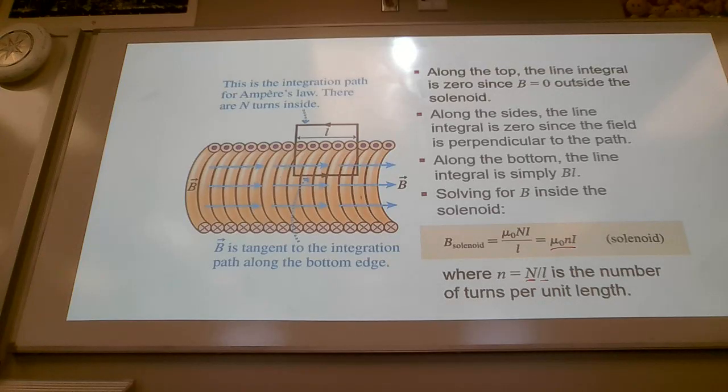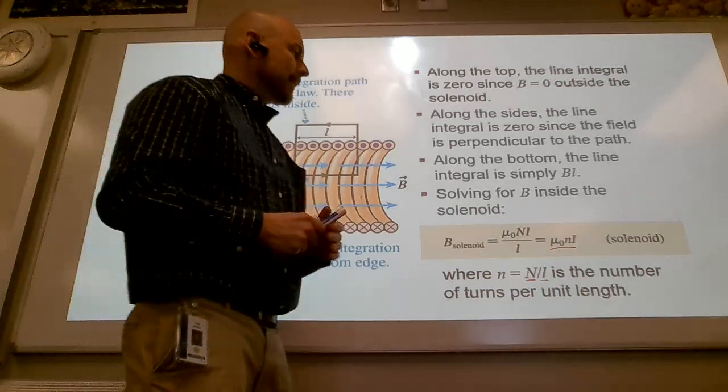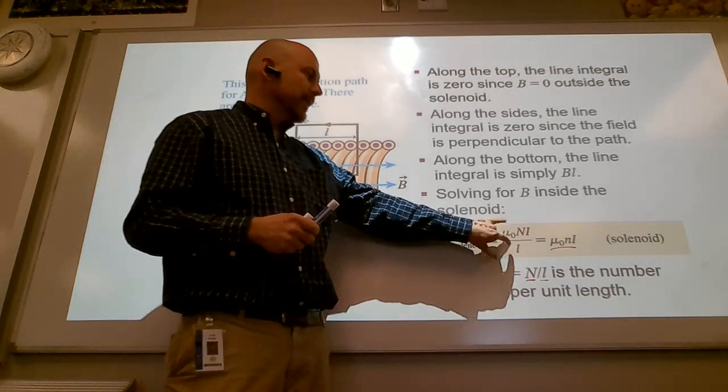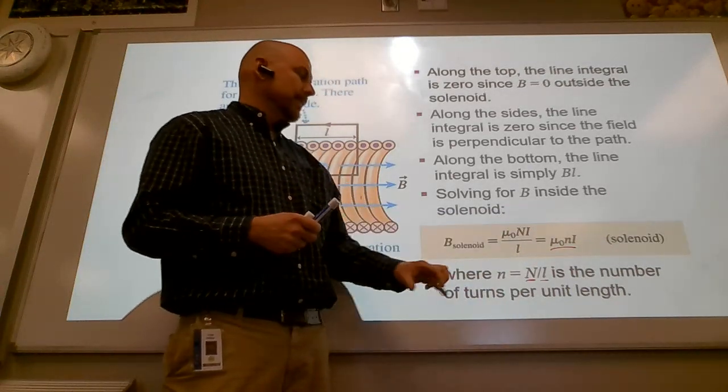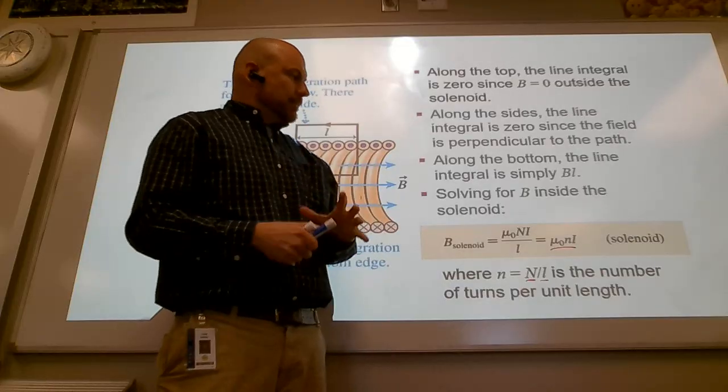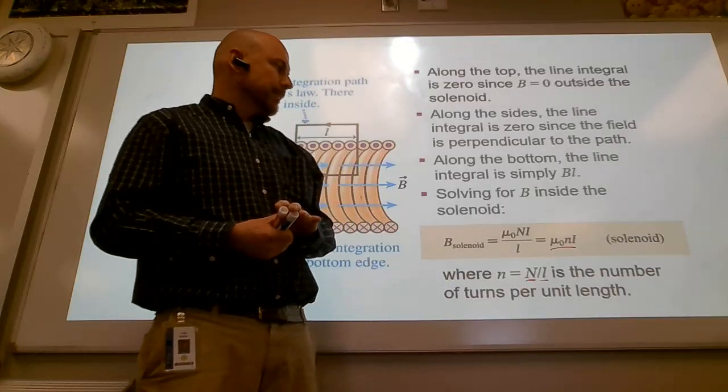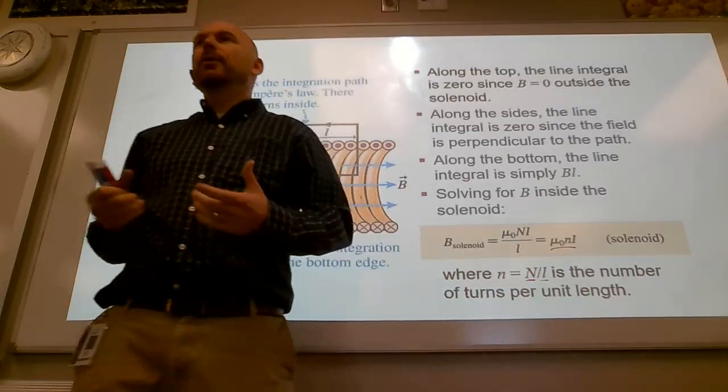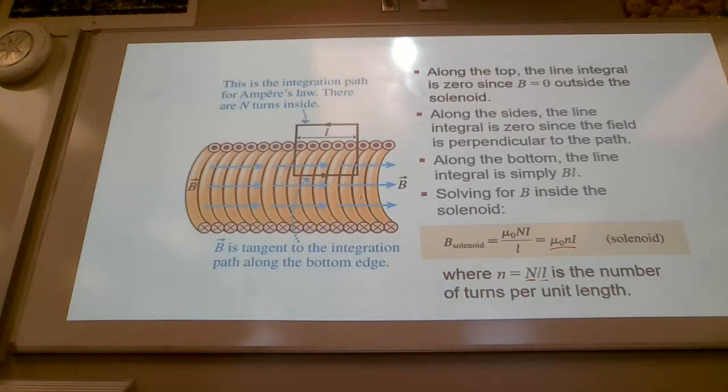Often they'll say you have like 200 or 2,000 loops per meter, something like that.